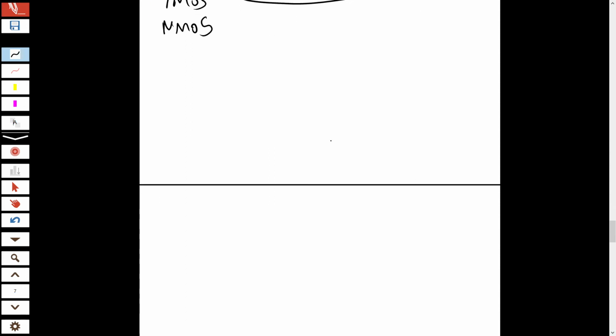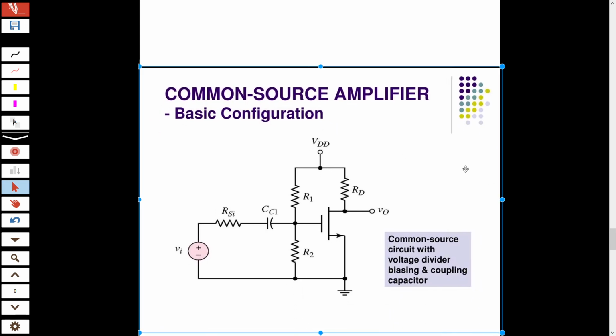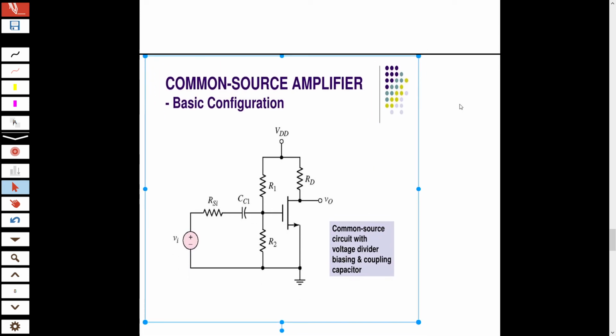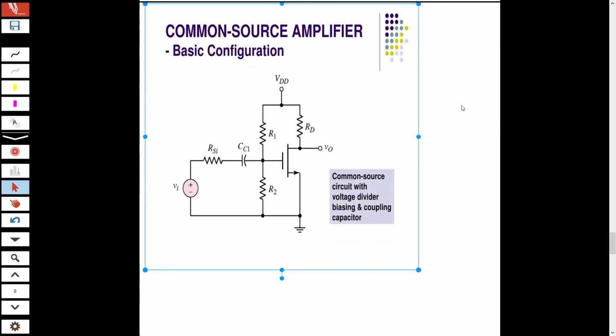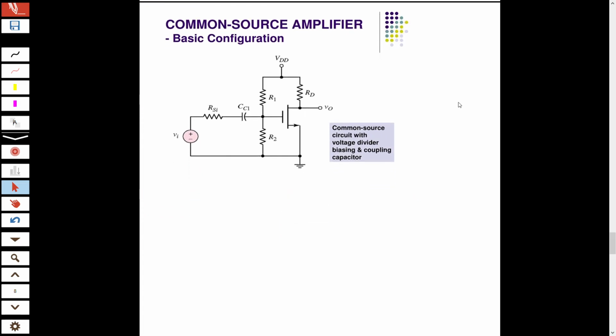So let's now investigate our common source amplifier in DC case and AC case. Remember, when we do DC analysis, capacitors are open circuited, so there will be no current passing through this side. Also remember, gate current of MOSFET is 0.